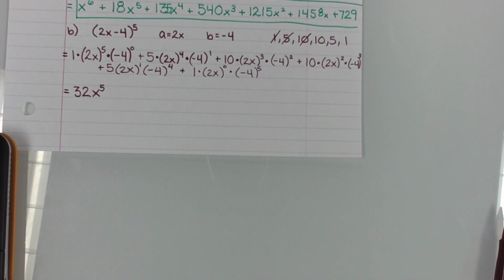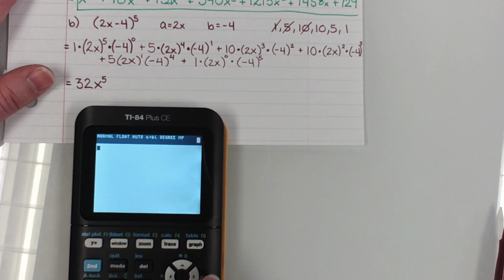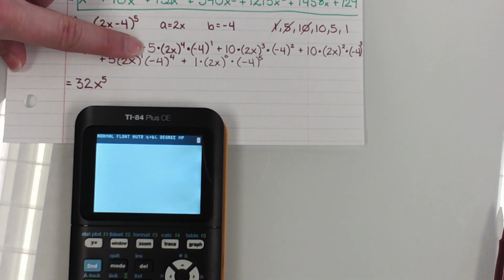I can make the calculator do the simplify. I have to do the variables. My second term had a 5, had a 2 in parentheses to the 4th power, had a negative 4 in parentheses to the 1st power. I get negative 320. Do not write plus a negative.